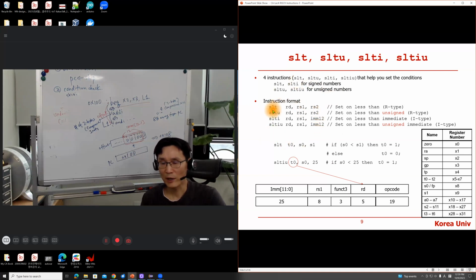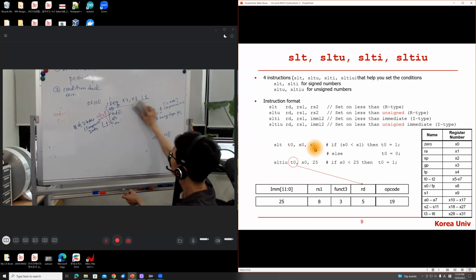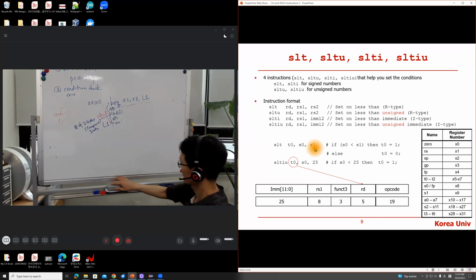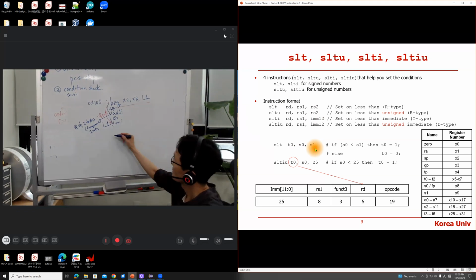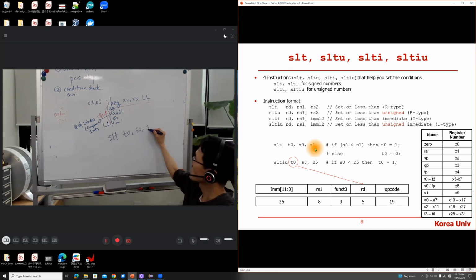So for example, to execute the SLT instruction, you make the CPU do subtraction. SLT T0, S0, S1.